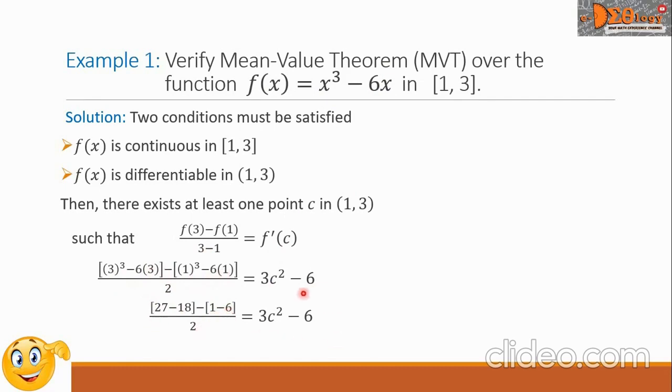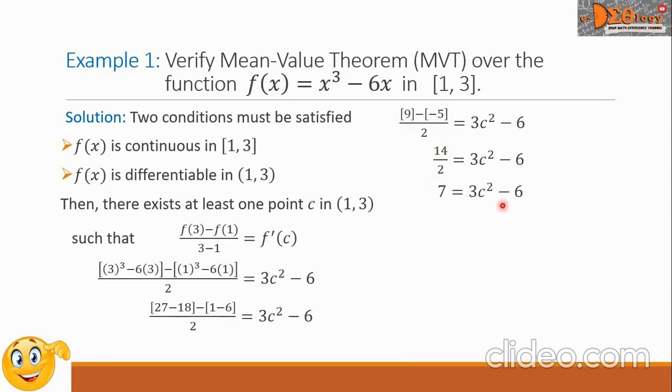There is no change in the right side. On the next step, the 27 minus 18 becomes 9 minus 1 minus 6 is negative 5 all over 2. This minus and minus becomes plus. So 9 plus 5 is 14 all over 2.